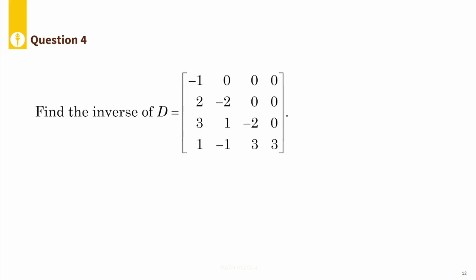You think it's singular? Yeah. You don't think that's going to row reduce down to identity? Yeah, that's going to have to. You're not going to get that last 3 to be 0. So this is going to be non-singular.